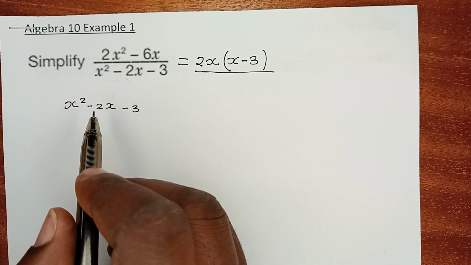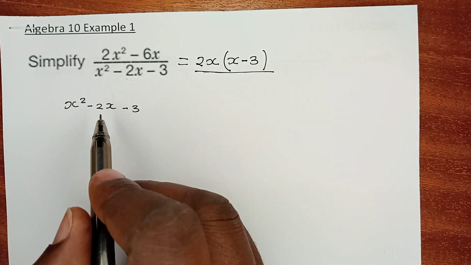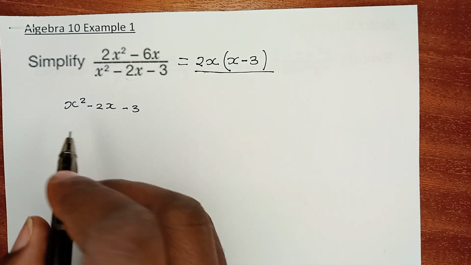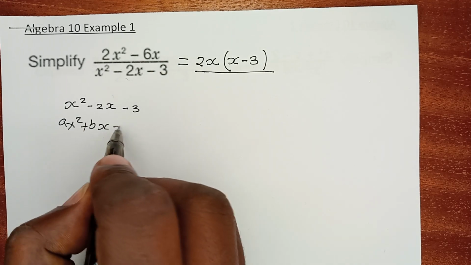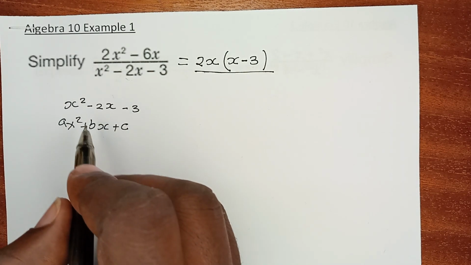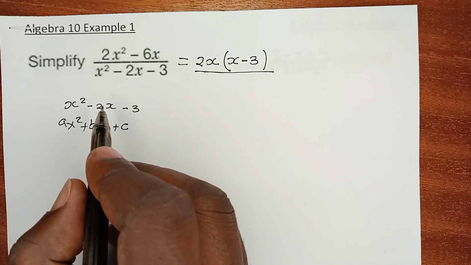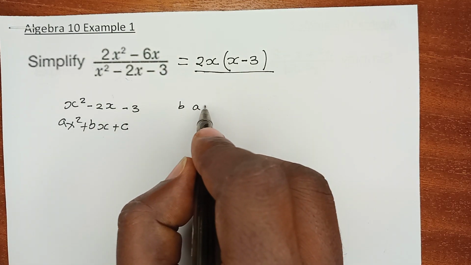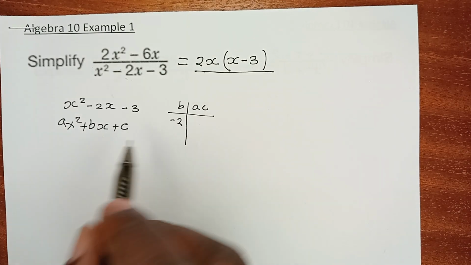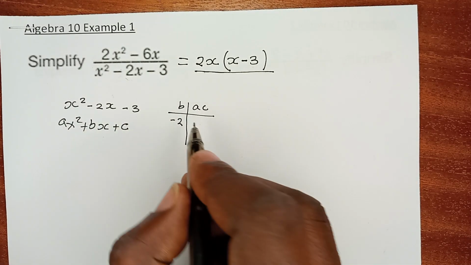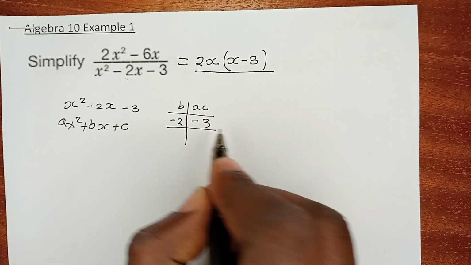You can already see that it is in the form of ax squared plus bx plus c. Our b is negative 2, and our AC is minus 3.